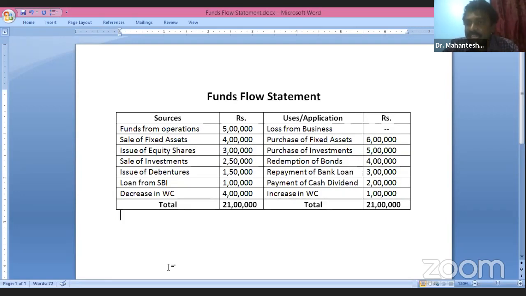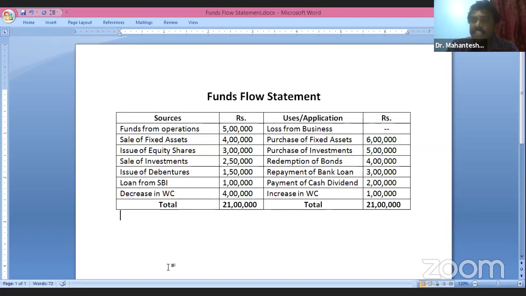That is an indication of the business is getting expanded. Another 20-25% is by the sale of the fixed assets. Sale of the fixed assets is 4 lakhs. Look at the right hand side, purchase of the fixed asset is 6 lakhs. That means the existing assets are obsoleted, the existing assets are outdated.